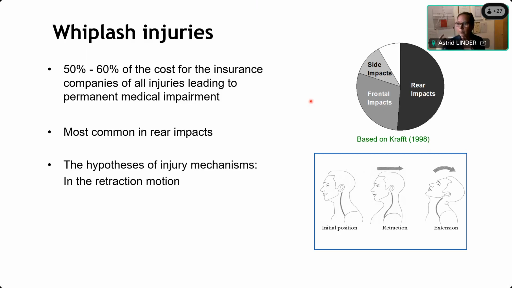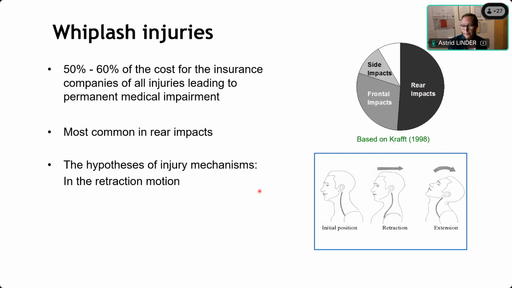In rear impact, we think of and address it by looking at the seat, and the seat back performance in particular, and the seat cushion and so on. In frontal, there are other possibilities of preventing these injuries.